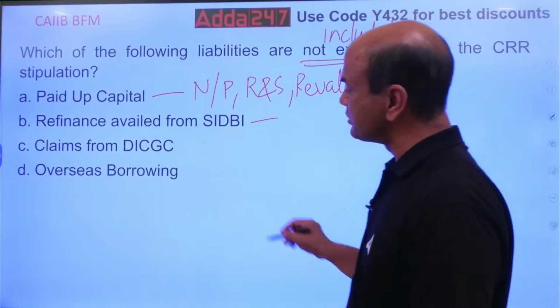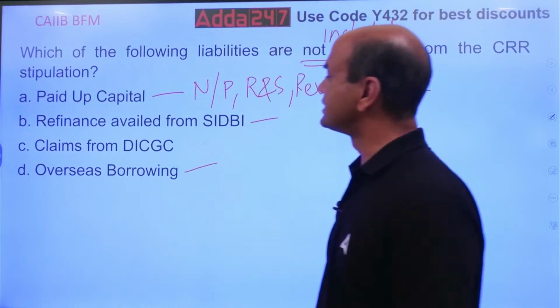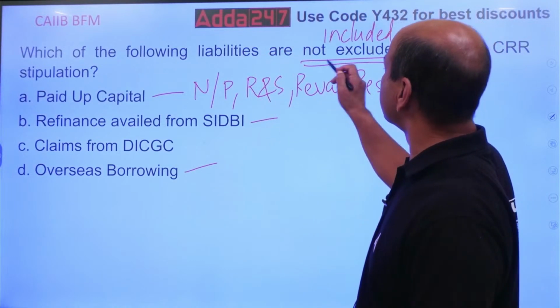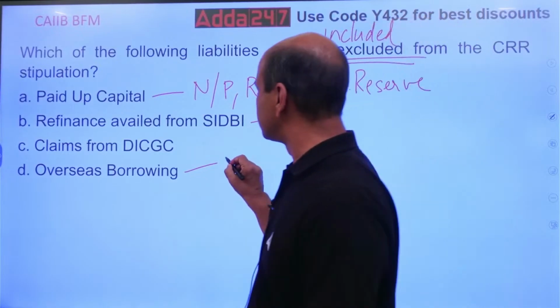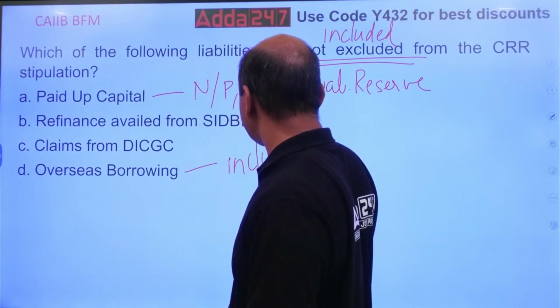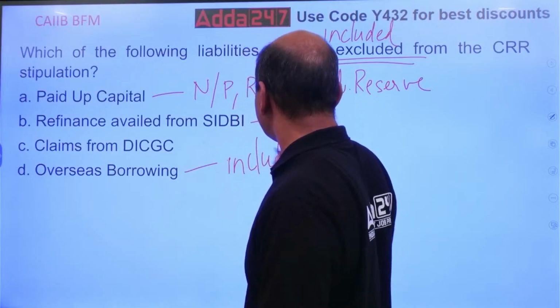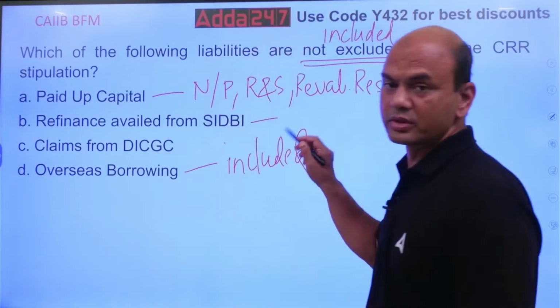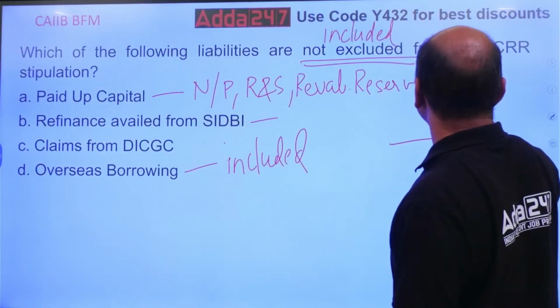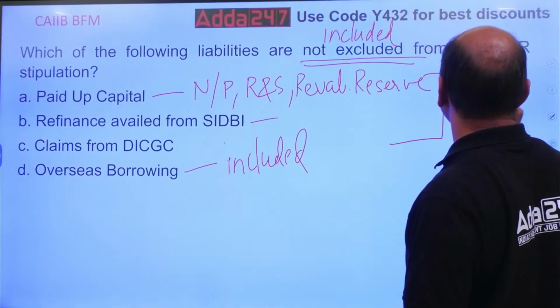But overseas borrowing. So this is not excluded, means this is included. And these all are not included.